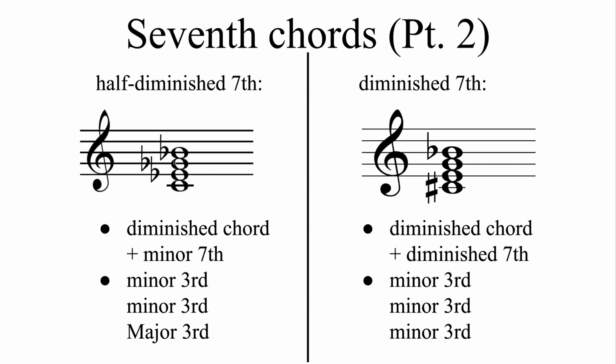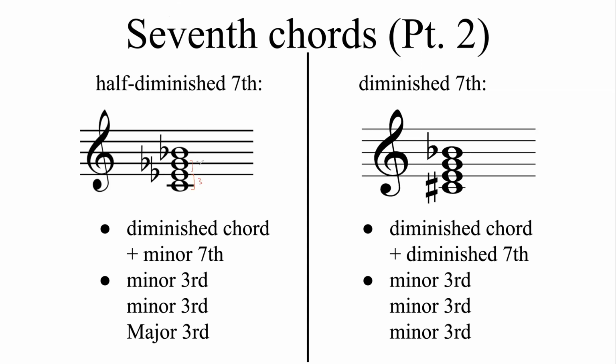Does that make sense? Kind of. Okay, I have visual aids. After you guys are done copying, I have visual aids. First of all, diminished is all minor. Your thirds, this is a minor third, so that's 3 half steps.